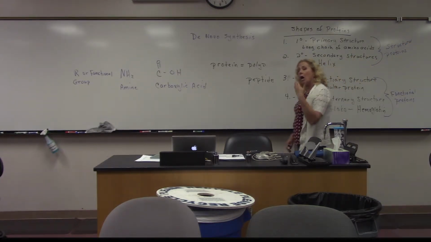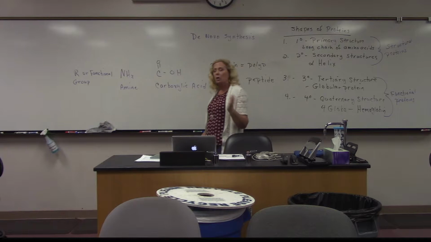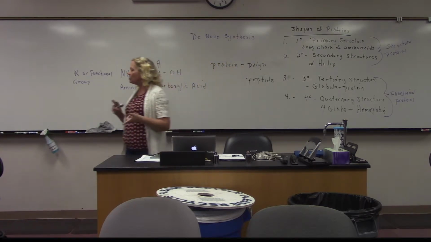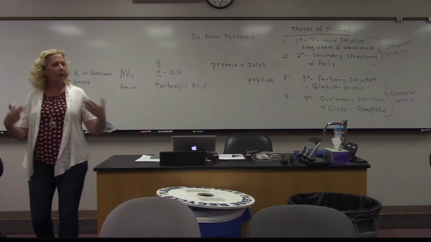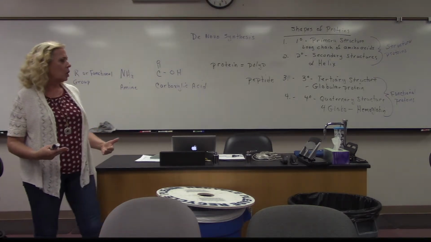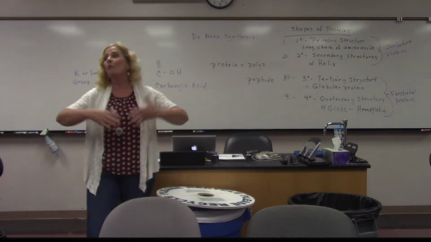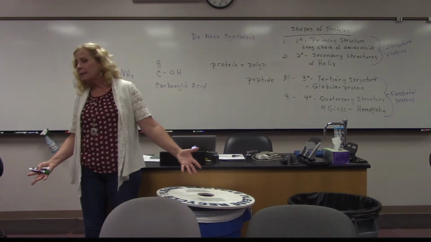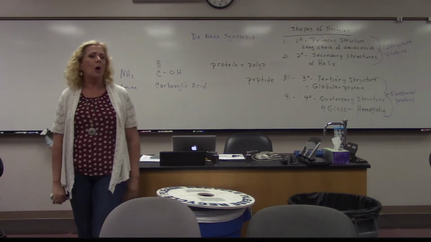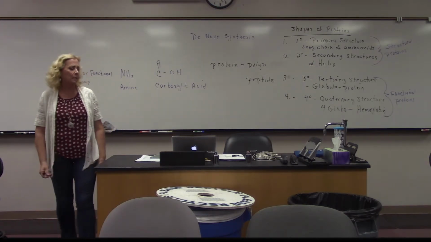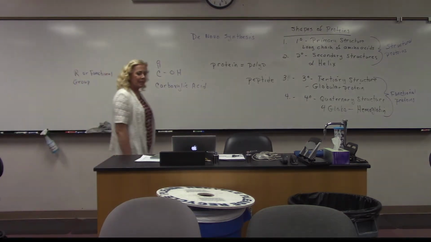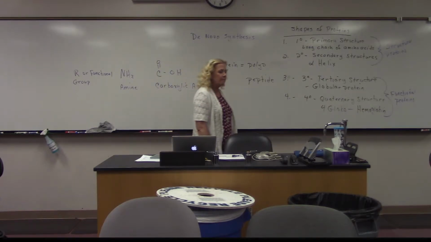So breaking a couple hydrogen bonds causes the protein to change shape ever so slightly. Breaking a lot of hydrogen bonds causes the protein to change dramatically, and then that protein also can no longer function. It can't do its job anymore, and we say that the protein has denatured.